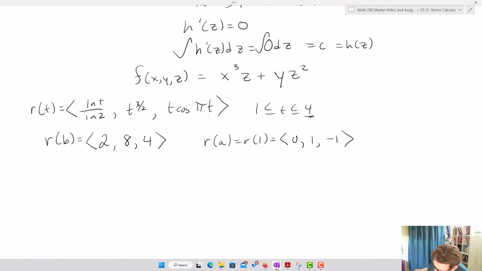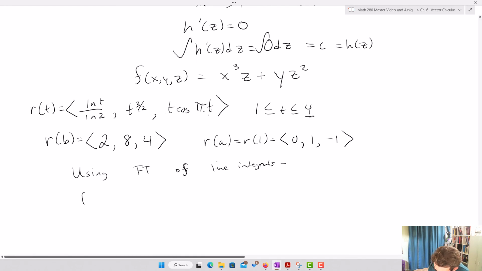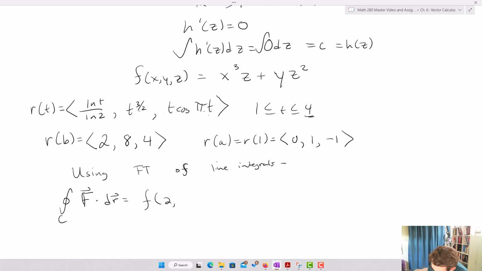So now, using the fundamental theorem of line integrals, we get that the integral over c of f dot dr is equal to f of (8, 4) minus f of (0, 1, negative 1).